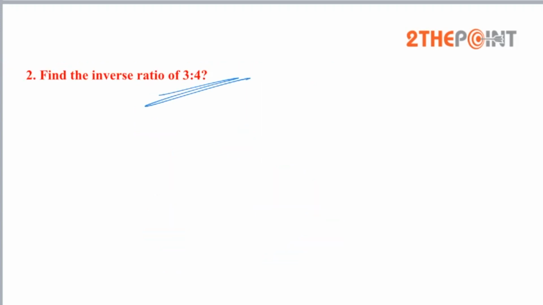Find the inverse ratio of 3:4. You do not need to find it using the LCM method. Since it has only two numbers, we can go for a shortcut, that is 4:3 is the inverse ratio of 3:4. Find the inverse ratio of 2:3:4:5. Here the inverse ratio is 1/2 is to 1/3 is to 1/4 is to 1/5.